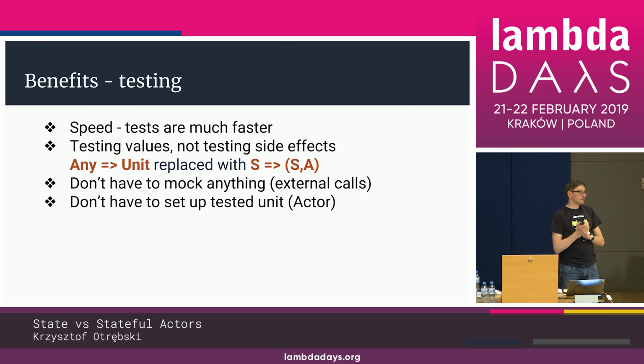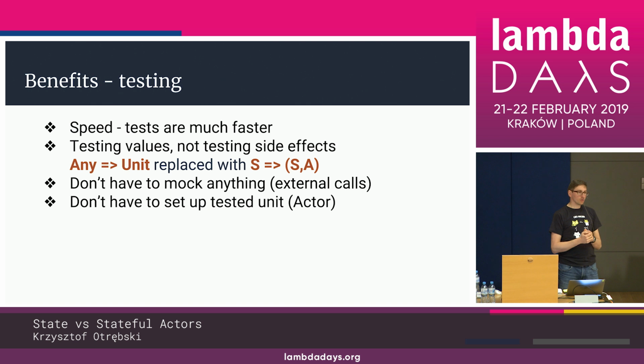From testing perspective, it works very, very fast. So with one test, you can go from seconds to milliseconds. And also you are testing values, not side effects. In akka, the receive block has type Any to Unit, so you don't know what will be executed after sending a message.